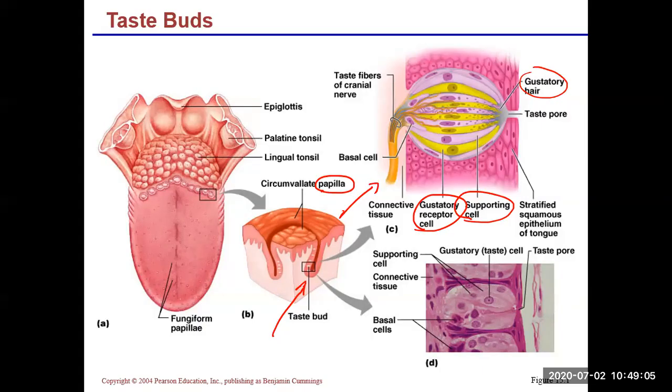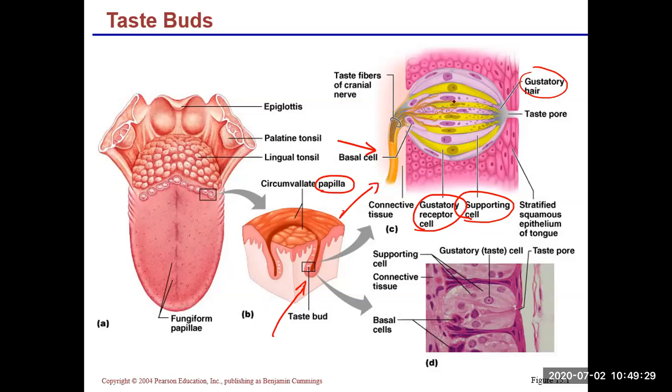They're putting the whole thing together. Notice that there are taste fibers. These taste fibers obviously are part of the cranial nerve. In other words, taking information. We discussed this already. Sensory neurons take information to the control center, in this case the brain. So these are involved.